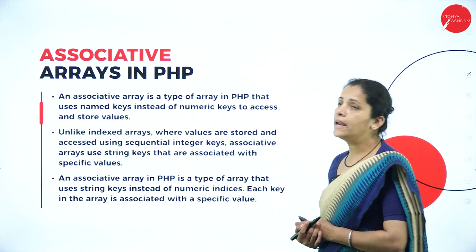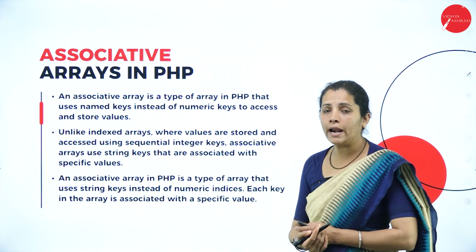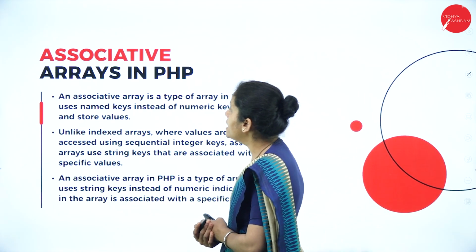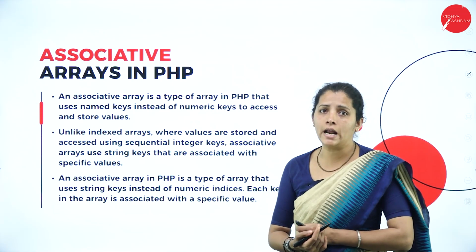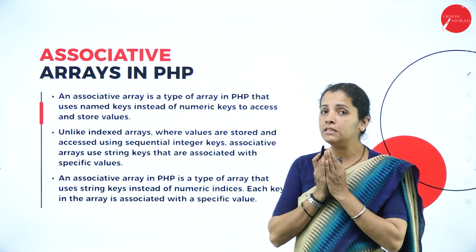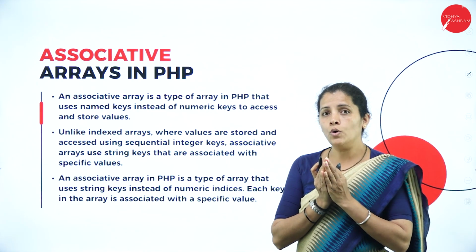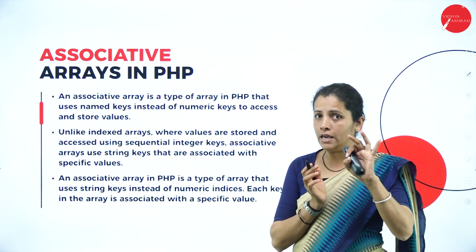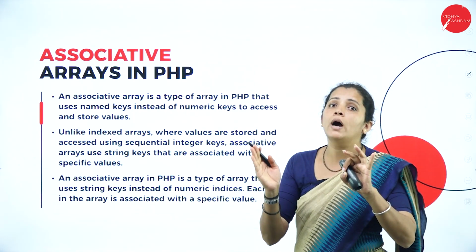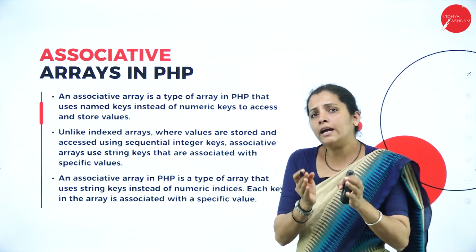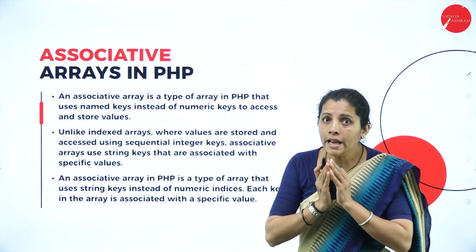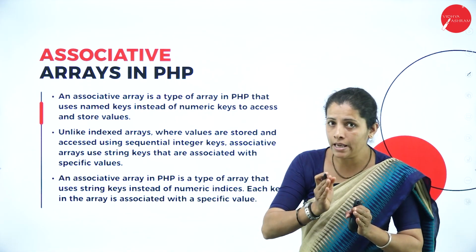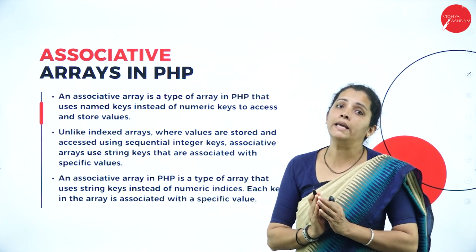Now I have another type of array, that's nothing but the associative array. So what is an associative array? As the name itself indicates, I'm going to have a key, and for that key, I'm going to have a value. In my indexed array, I have the index. The index itself is the key, but I'm considering a numeric index.